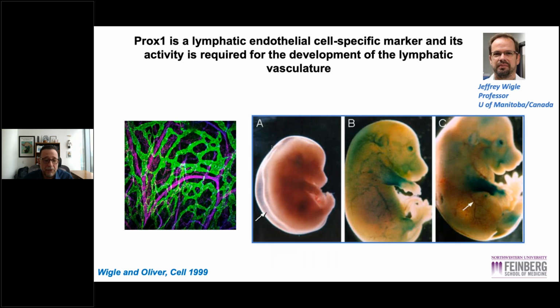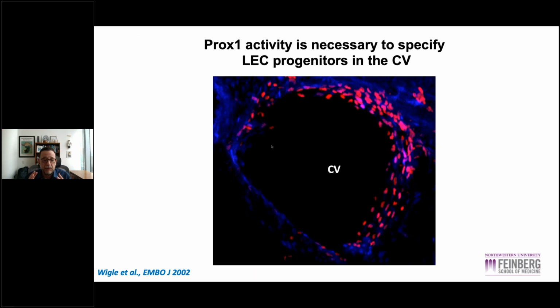Anyhow, going back to our findings in 1999, that was the type of science and literature Jeff and I were following to try to characterize why these embryos lack lymphatics or how lymphatics are formed. So this was the first indication supporting Sabin's statement, when we determined where the process of lymphatic formation starts here in the mouse embryo.